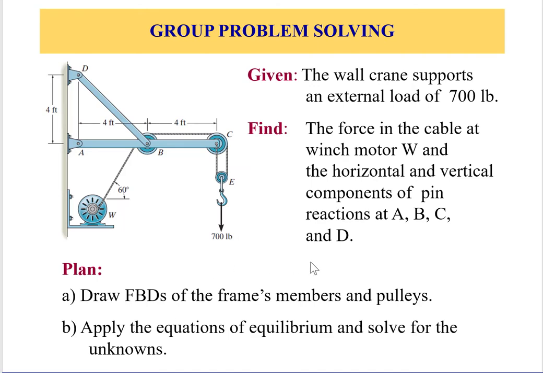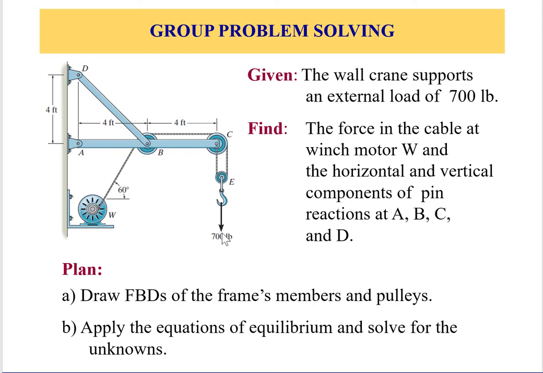Now, the group problem solving example provided here is a frame structure. We discussed this structure before. It's not a mechanism, it's a machine. It's a frame structure, meaning it's used to support external loading. What is that loading?